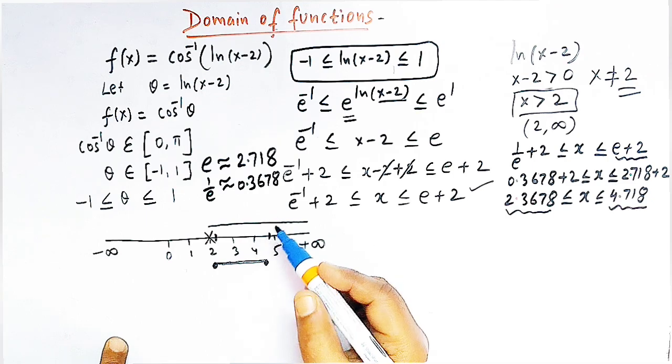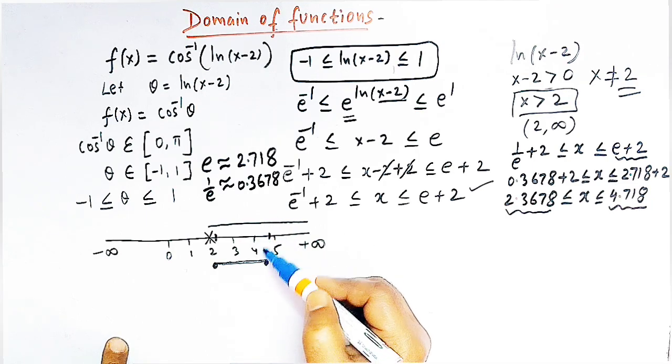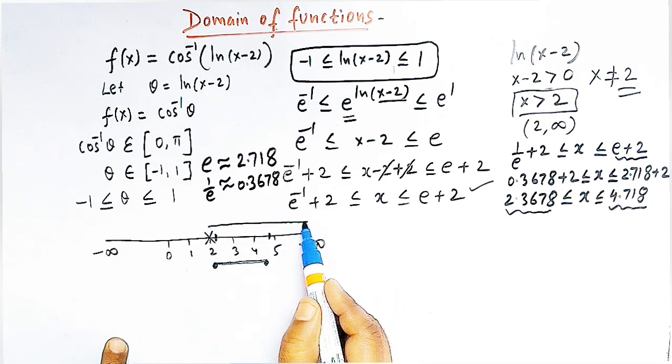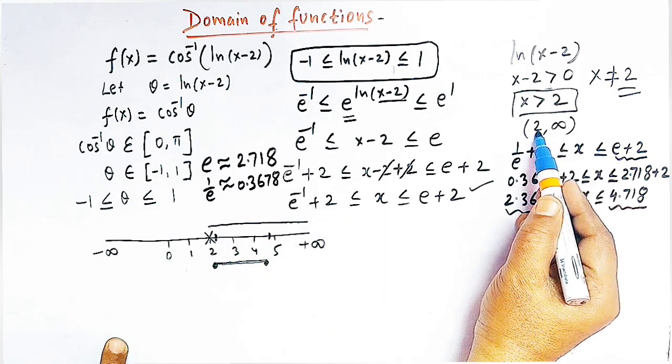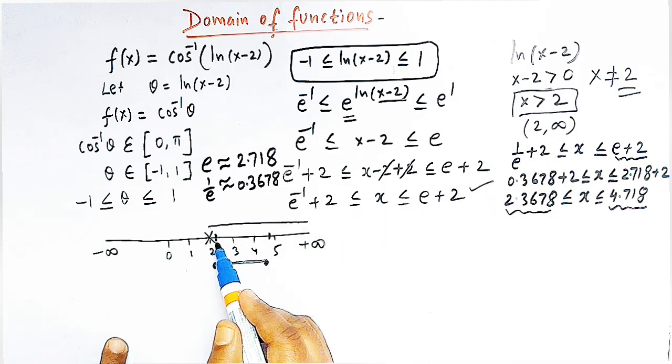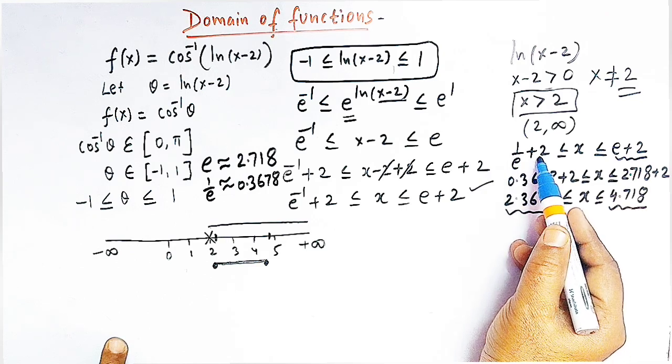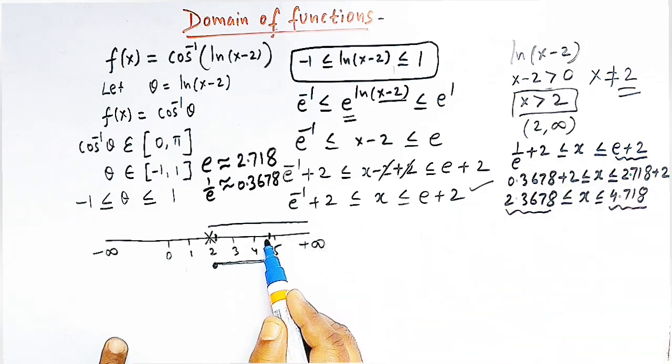So now we have to identify the common region between these two regions, that is first from 2 to infinity, where 2 is not included, and from 1 over e plus 2 to e plus 2.